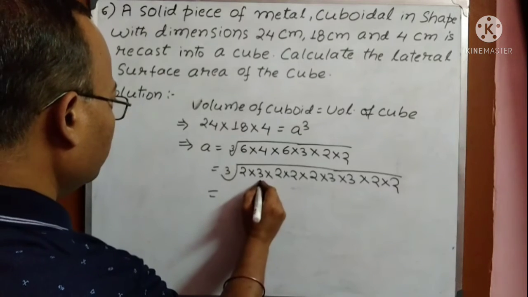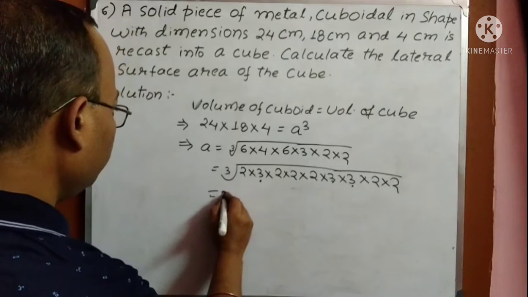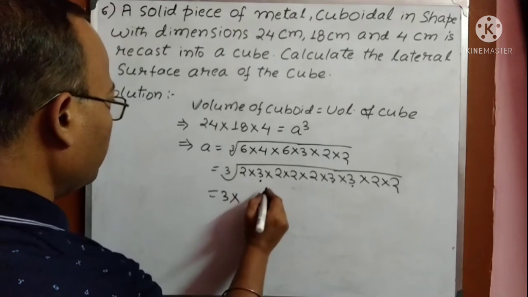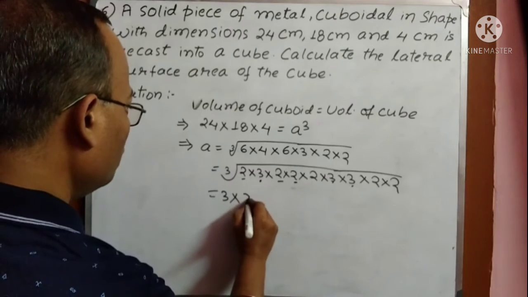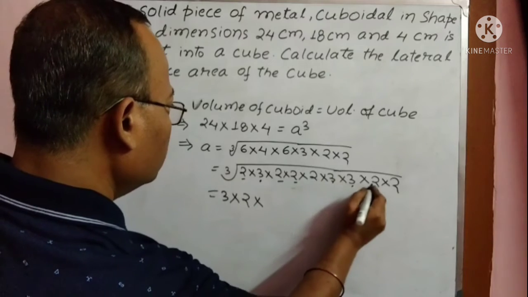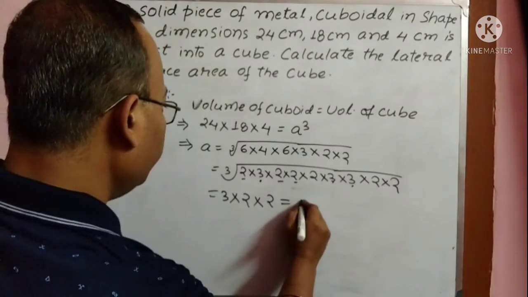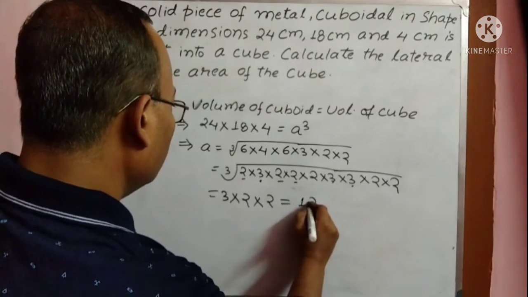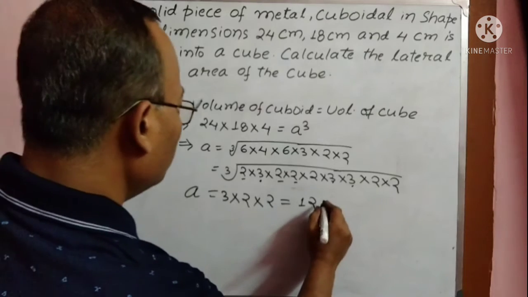So see, first this 3 and this 3, so 1 3 will come outside. Clear? Now this 2 and this 2, so 1 2. Now this 2 and this 2, so how much? 4 into 3? 12. So your A is equal to 12 centimeter.